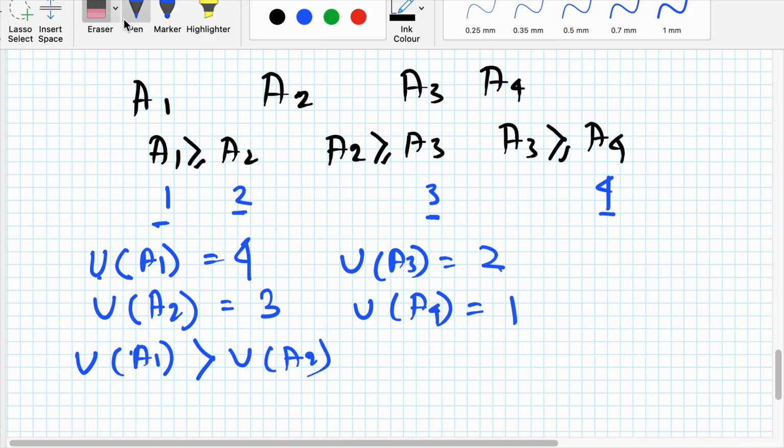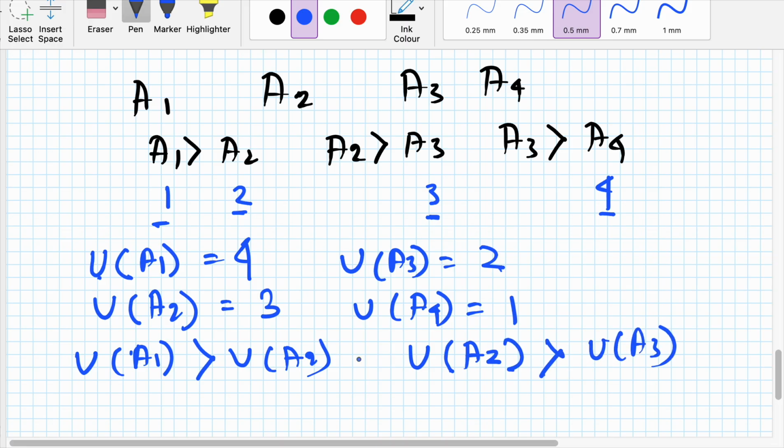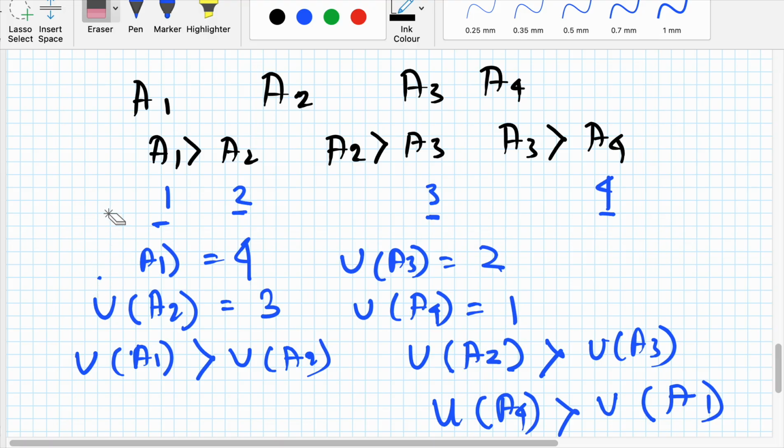So let me write this way. The utility of A1 is greater than the utility of A2, and the utility of A2 is greater than the utility of A3, and the utility of A3 is greater than the utility of A4. So by representing with these numbers we can associate the utility, and these utilities are nothing but the index function that we are talking about.